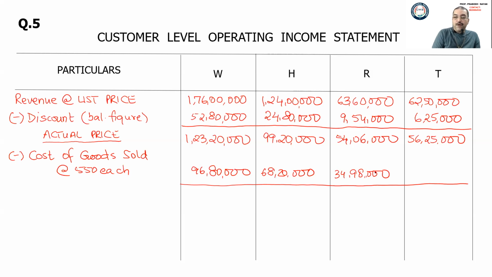The last one, 550 into 25 into 250 is 34 lakh 37,500. Selling price minus the cost of goods sold will give you gross profit or gross margin.